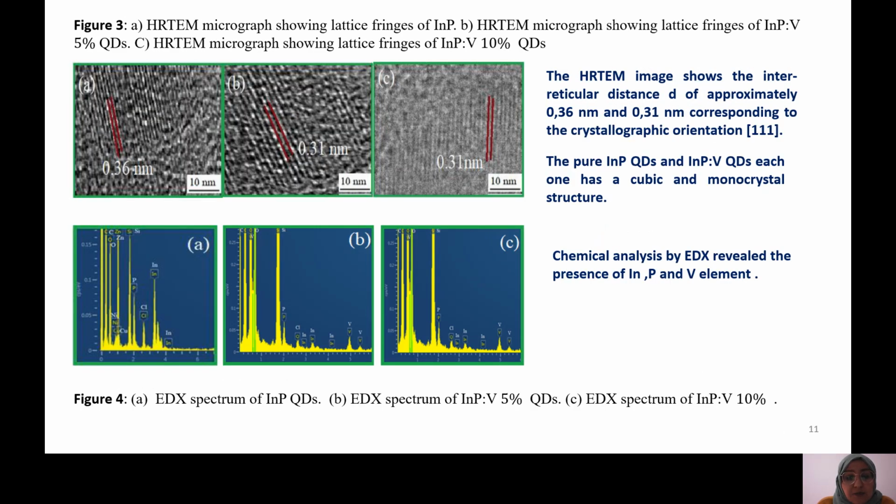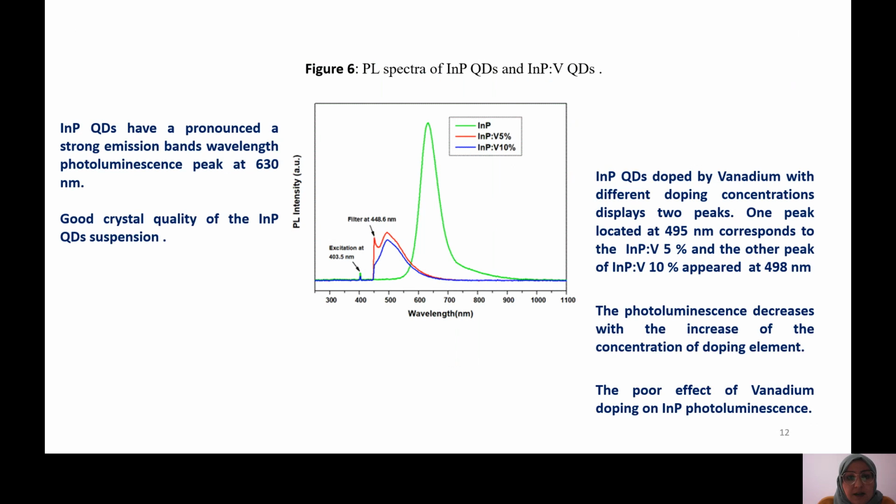According to the high resolution TEM, InP quantum dot and InP doped with vanadium each have a cubic and monocrystal structure. Also, the EDX elemental mapping revealed the presence of both indium phosphide and doping element in the quantum dot nanoparticle.